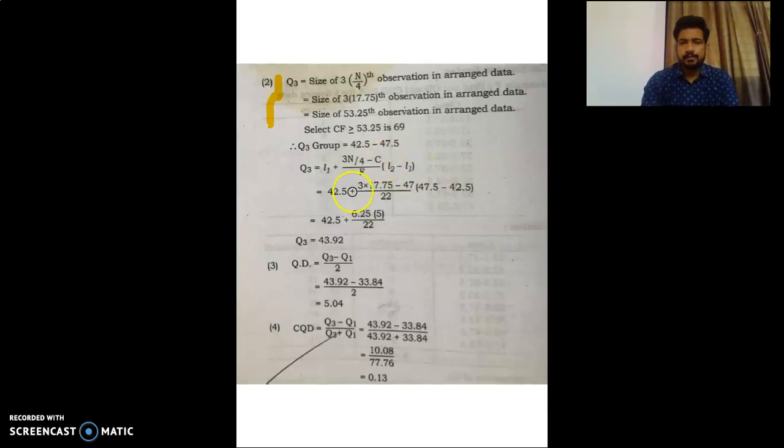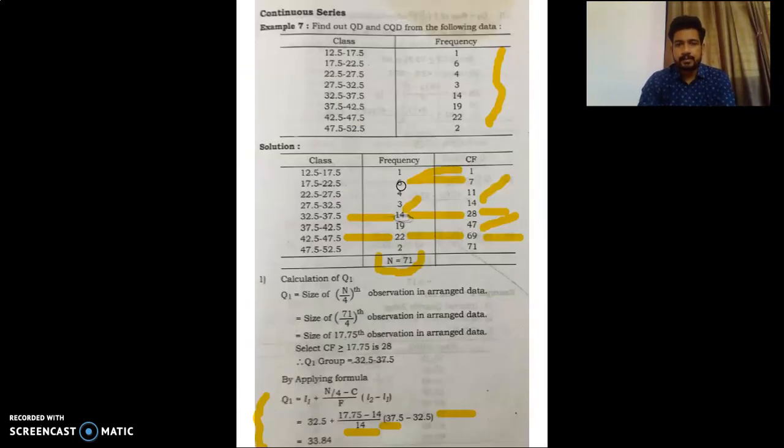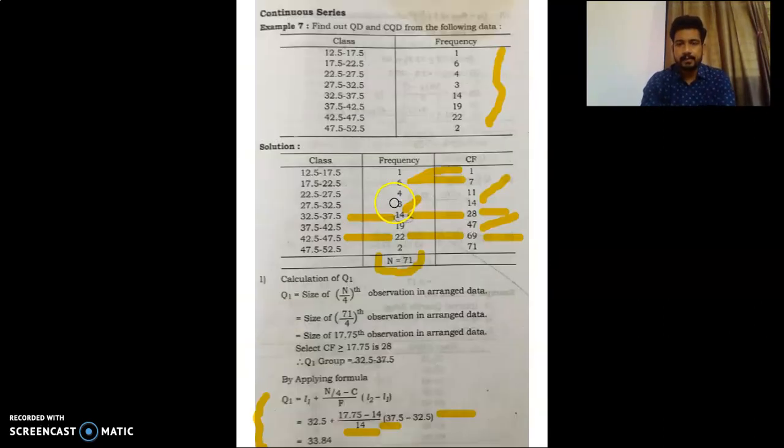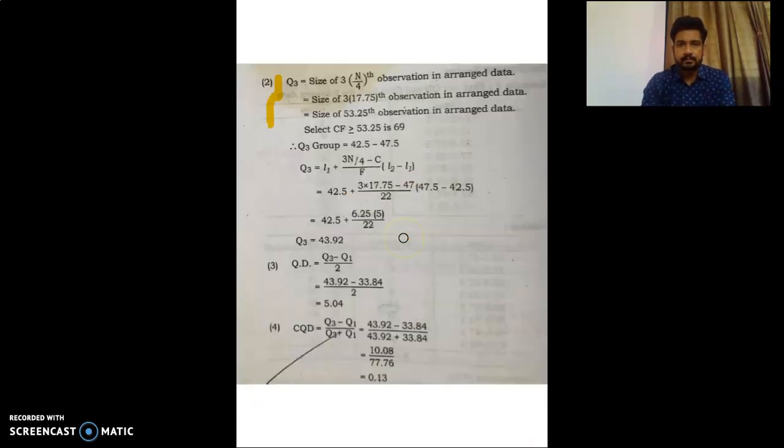L1 is 42.5, the lower limit, plus 3n by 4, which we have already calculated as 17.75, or you can directly write 53.25, minus C, the previous cumulative frequency, that is 47, divided by the original frequency 22, in bracket 47.5 minus 42.5. After solving this entire calculation, as I briefed you about the arithmetical sequence, Q3 equals 43.92.